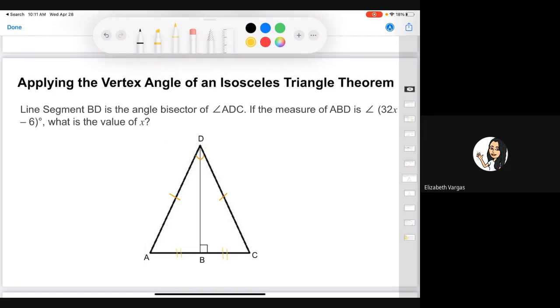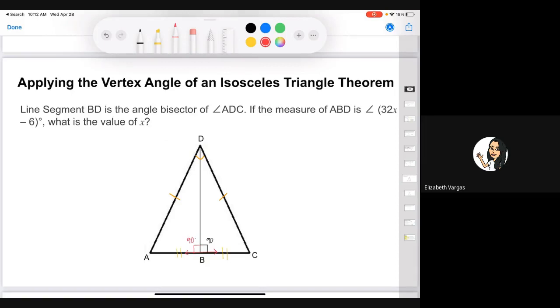So now it says line segment BD is the angle bisector of ABC. If the measure ABD is given, and we're given our measure, what is the value of x? Well, the first way to answer this is to identify that if this is 90 degrees, right, that's what that symbol tells me, and these two angles share a line, then this angle is also equal to 90 degrees. 90 plus 90 is 180.